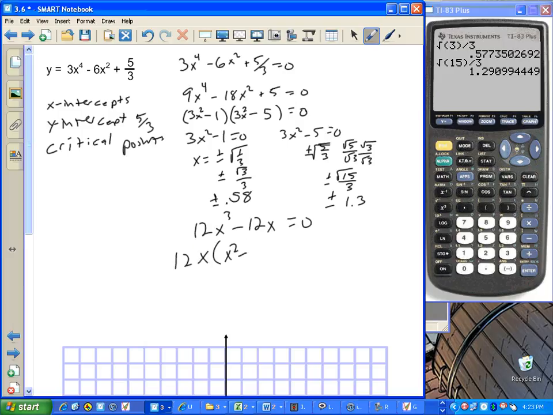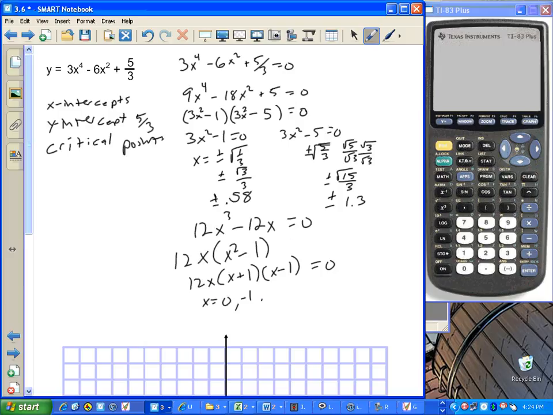And then I'd have x squared minus 1, which factors into x plus 1, x minus 1. Okay, and if I want this to be 0, I'm going to set each factor equal to 0. So this one would give me 0, this one will give me -1, and this one will give me 1. So those are my critical points. 0, -1, and 1.